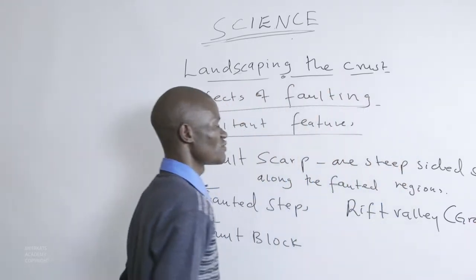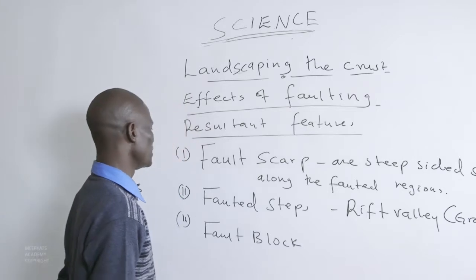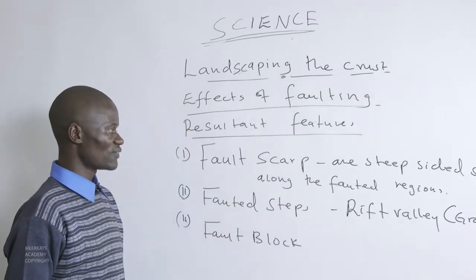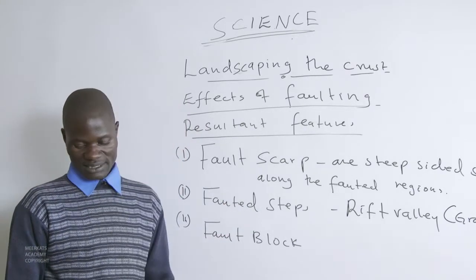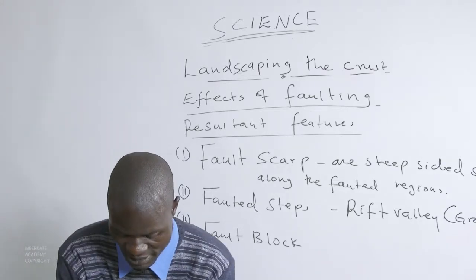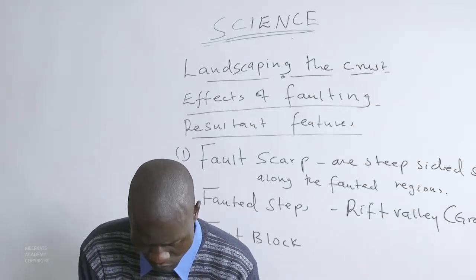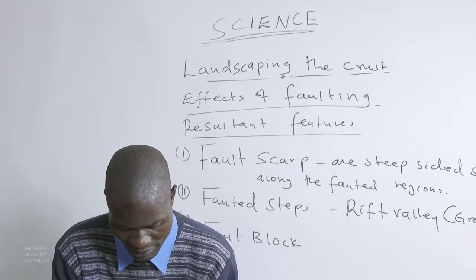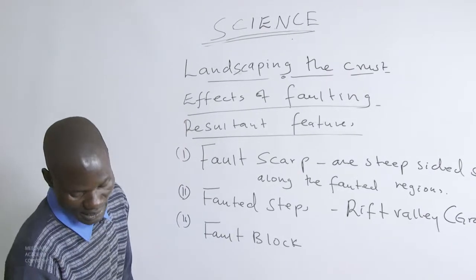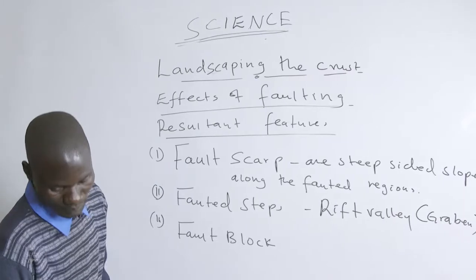The other name of the rift valley is the graben. Therefore, these are some of the resultant features that may result in the process of faulting. We'll look at each of them and how they are developed.